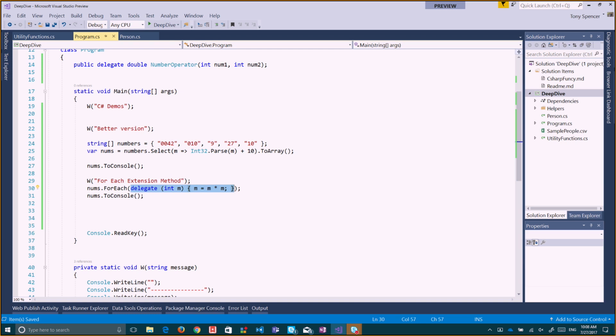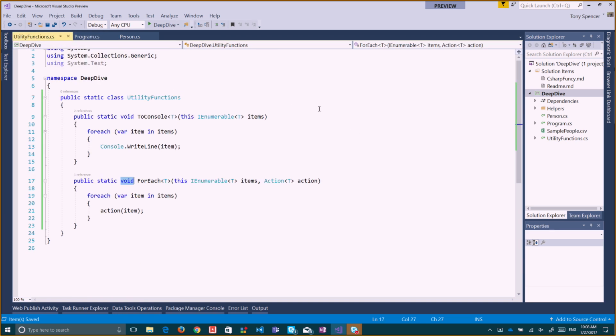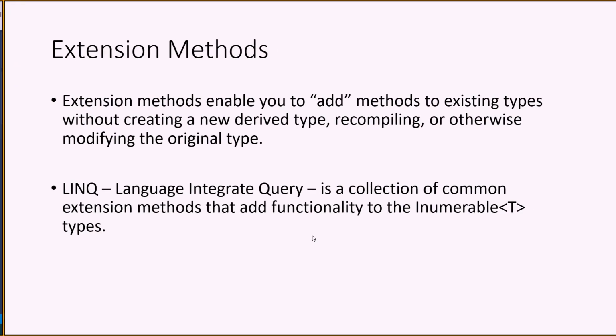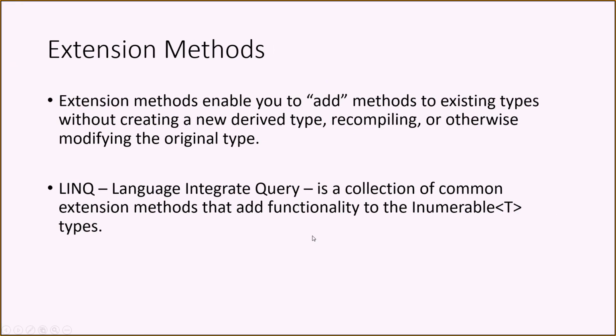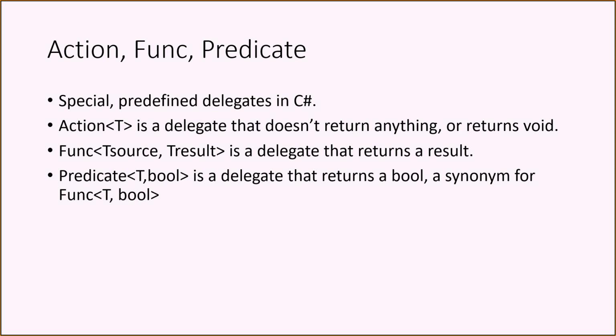What we want to do is first go back and just talk about what Action is, right? So I use this Action keyword here. What is an Action as far as a keyword? Anybody know what that is? There are three of them that we'll look at today: Action, Func, and Predicate.